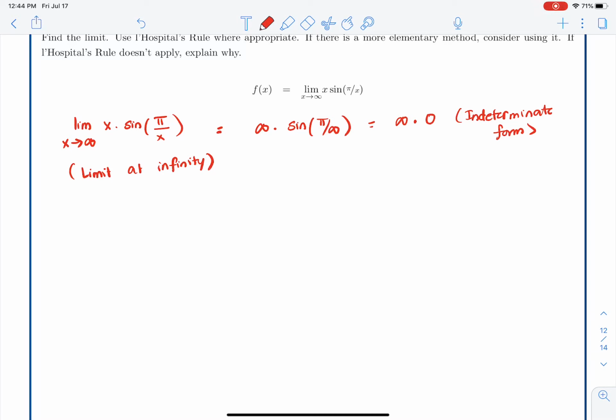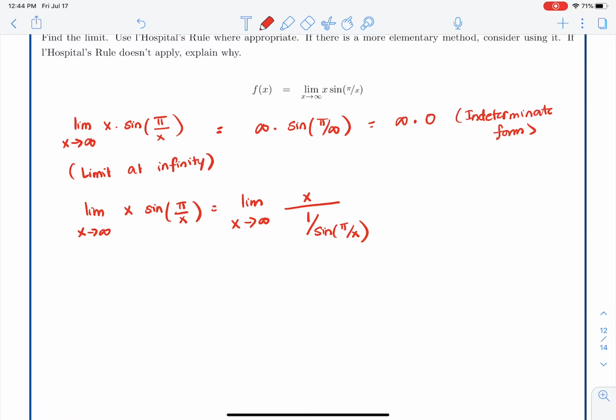We could write this as limit x approaches infinity, x over 1 over sine pi over x. What I did is a bit of algebra.